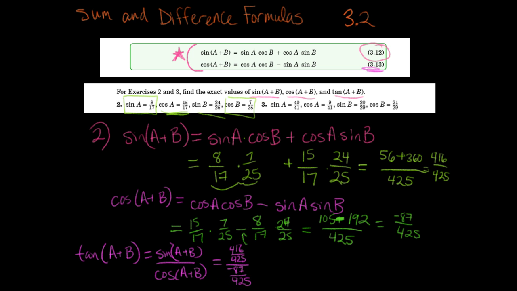This is just a little lesson with fractions. In this case, if I multiply top and bottom by 425 over 1, do you see that those go away? You might already recognize that, but that disappears. You have one negative and you're left with 416 over 87, and it's fine to leave it like that. In fact, I prefer it as a fraction.